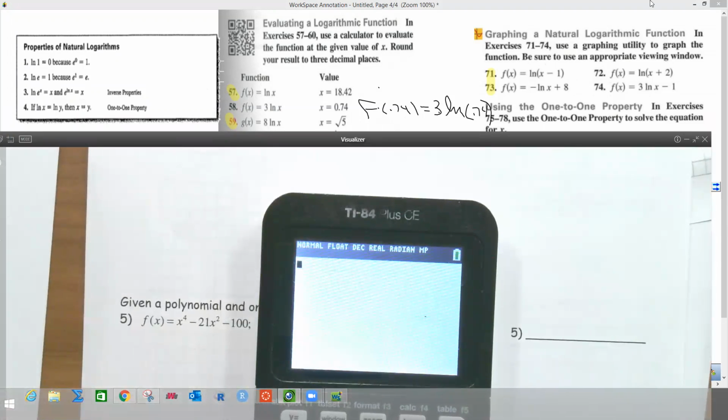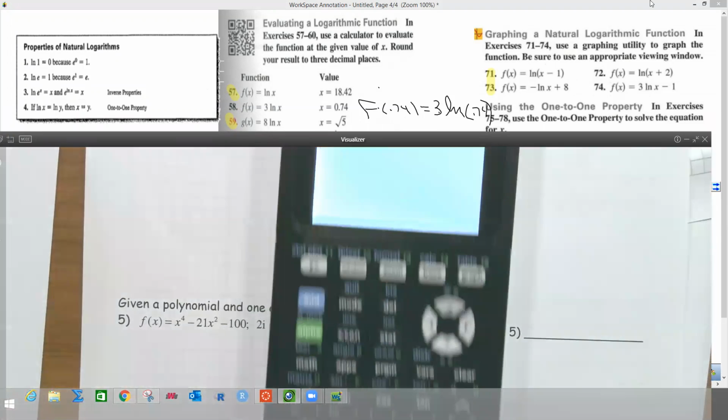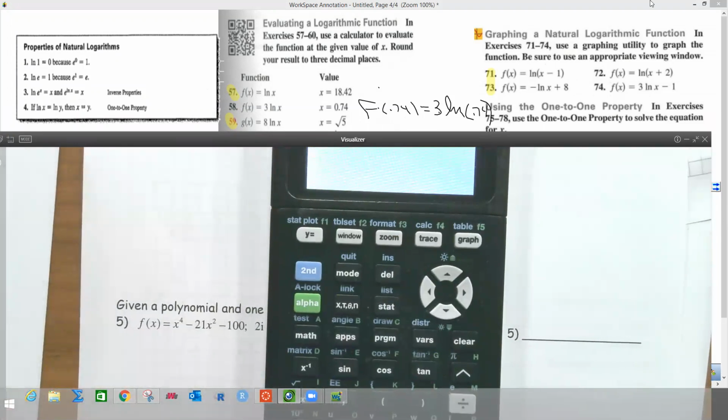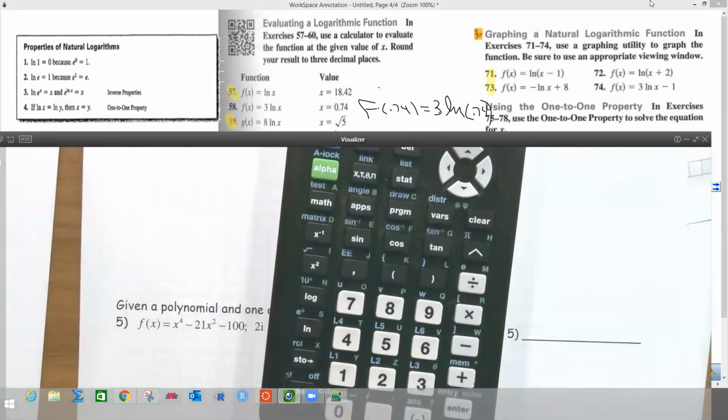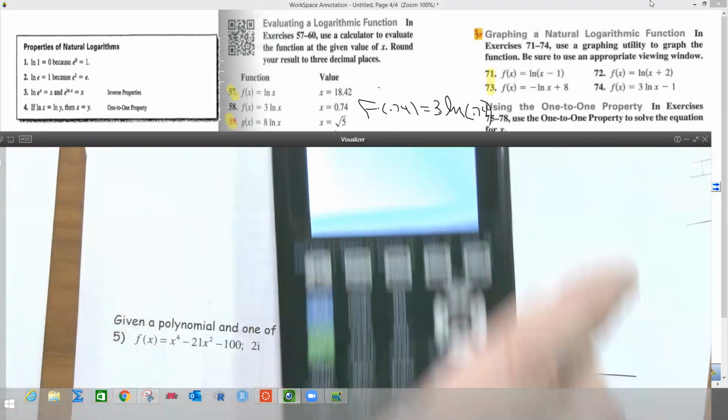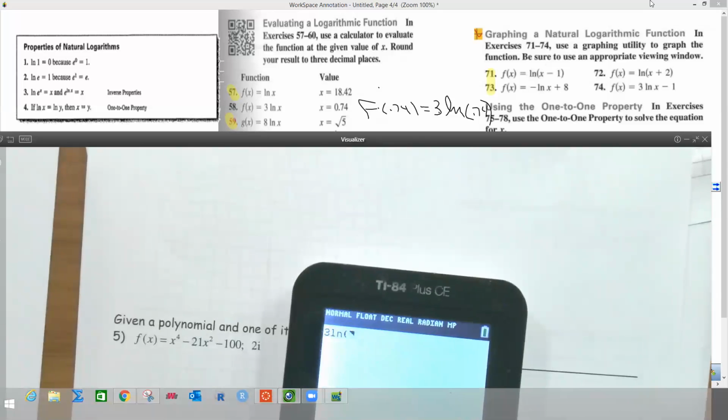So I hit the number 3, and then right to the left of the 4, there's ln. So I'm going to hit this ln button that's right there. I push ln, which gives me ln on my calculator, and I type in 0.74, parenthesis, enter, and there's my answer, negative 0.903.